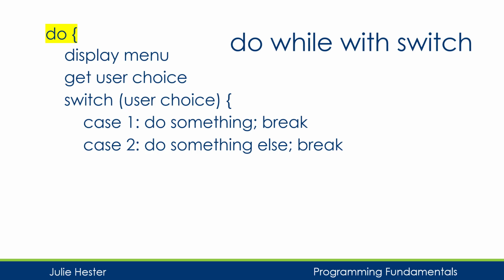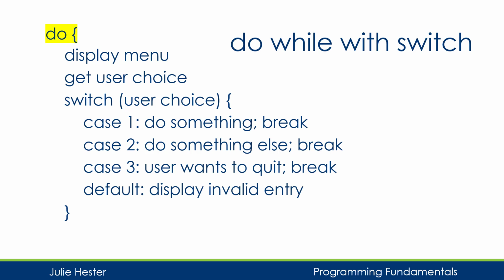With each case statement, I'll do whatever code makes sense for that option, followed by a break, because I don't want my switch statement to fall through to the next option. And I'll have however many cases I need for the options on the menu. Often the last option is a quit option that the user may want to choose.